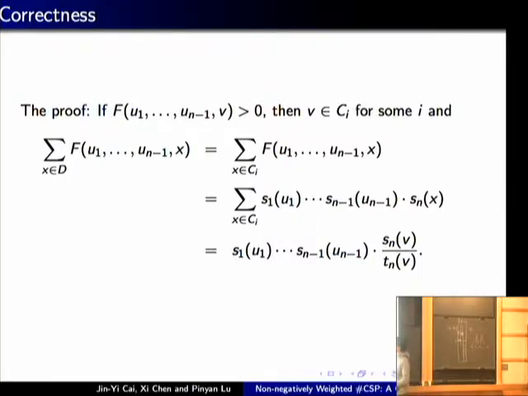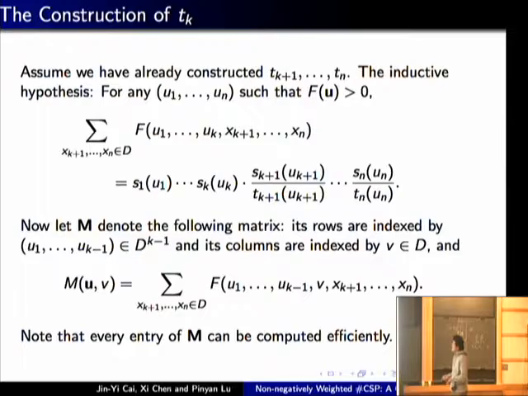Then we take all these out, and it becomes a sum over Ci, which can be replaced by Sn of v divided by Tn of v, just by the construction of Tn. So this gives us the vector Tn.